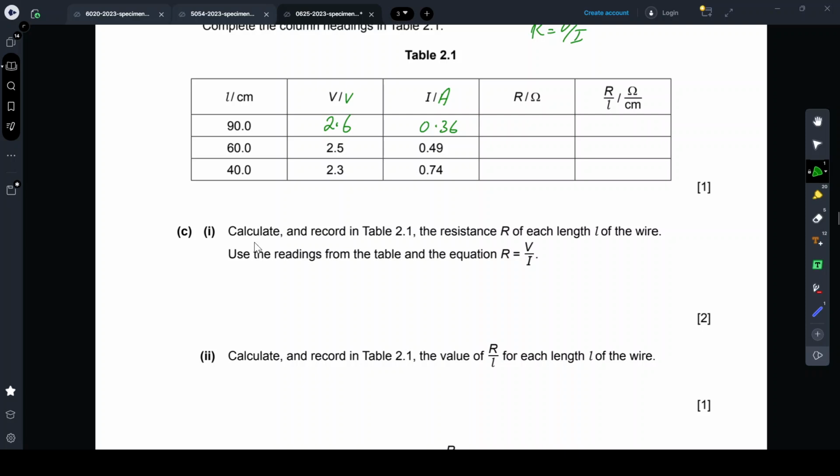Calculate and record in table 2.1 the resistance. So what's the resistance over here for the first row? 2.6 divided by 0.36.